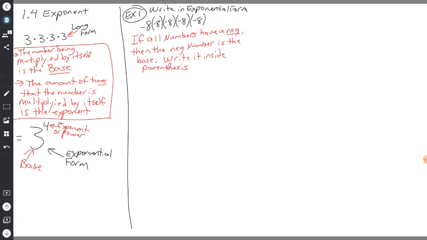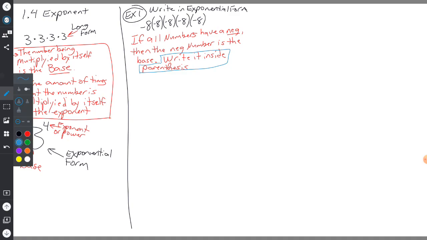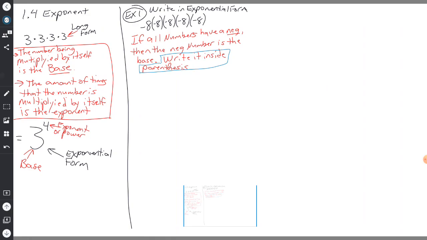And what's important is that you have to write it inside of parentheses when you do exponential form. So with exponential forms, the rules of the signs don't apply.